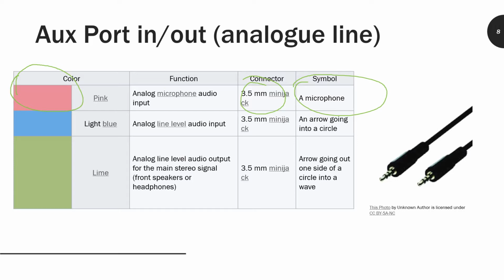So you have the light blue. Don't really need to know this, but it's a line level audio output. So it kind of daisy chains over, so it lets you transmit an audio signal. And the lime color, which is just green. I don't know why they put lime in here, and I got this from Wikipedia if anybody wants to know. It's an arrow going out to one side of a circle into a wave.